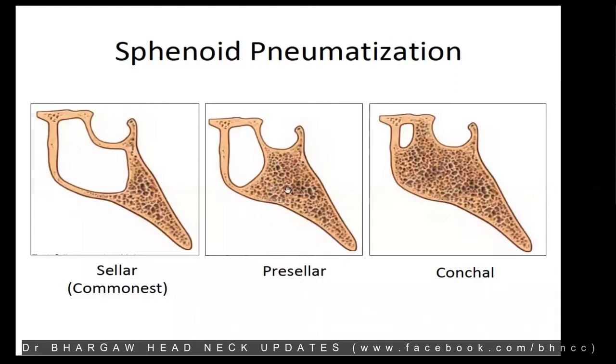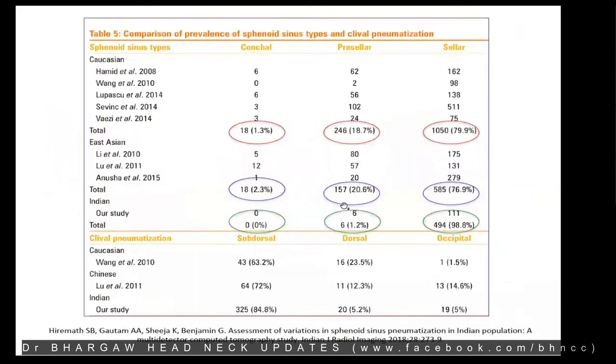Presellar, yes, of course, if you're doing a transsellar approach, and the sellar would not pose that much of a problem. This study tells you that sellar pneumatization is the most common in different races, the Caucasian, the East Asian, and in one of the Indian studies as well.